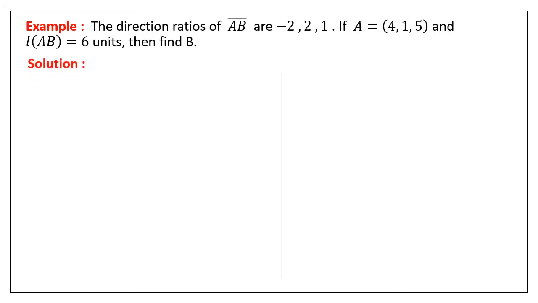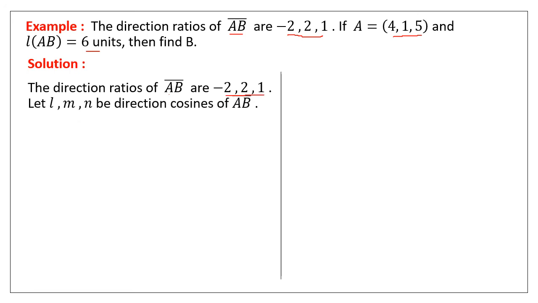Example, direction ratios of AB are given here as -2, 2, 1 and a point A is given as (4, 1, 5). Length of AB is 6 units. Then find B. The direction ratios of AB are -2, 2, 1. Let L, M, N be the direction cosines of the given line AB.